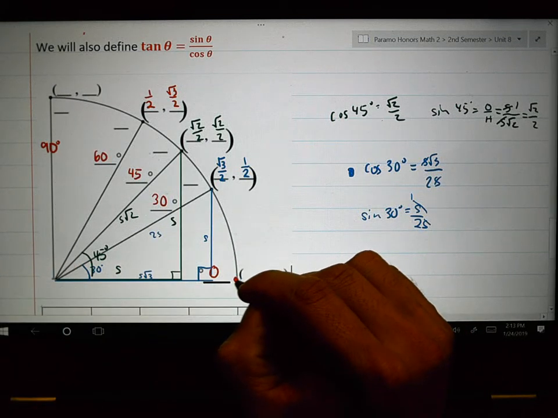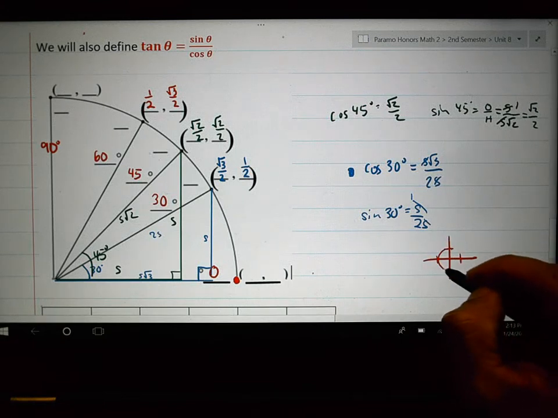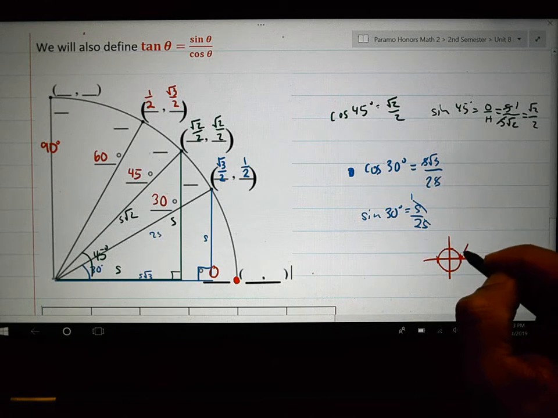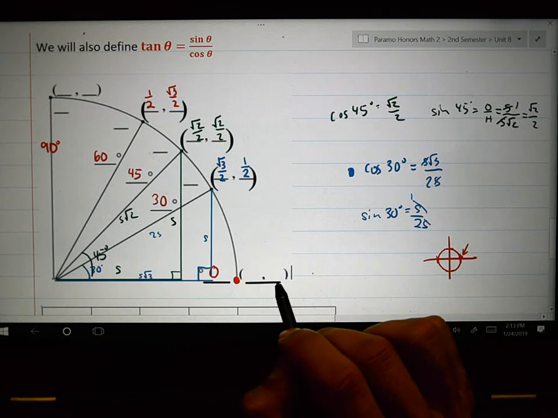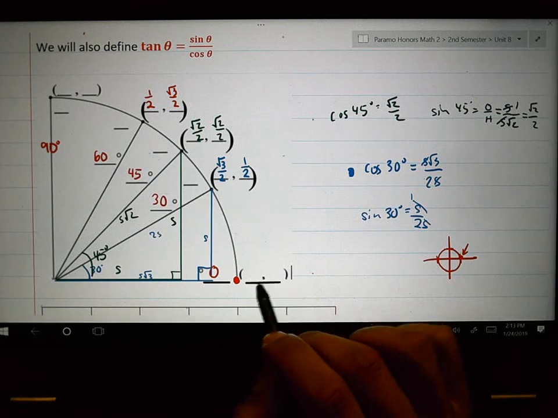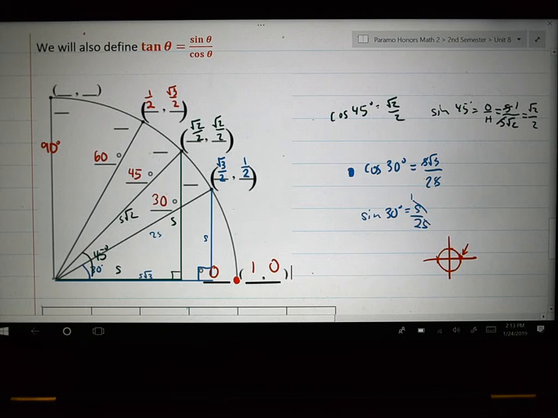Let me put a big red dot right there. Remember how I did this and I said it's a radius of 1, and we're now at this location right there. What's your x-coordinate and what's your y-coordinate? What's your cosine and what's your sine? 1, 0. Has to be. You went 1 to the right in the x direction. You went 0 up in the y direction.